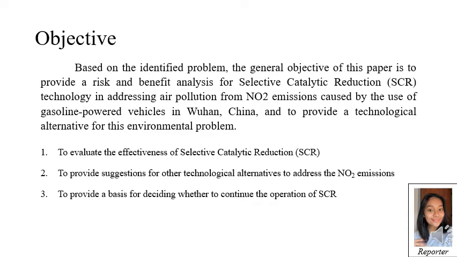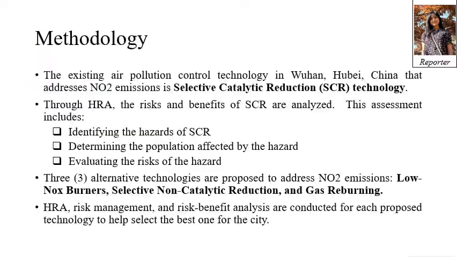For the methodology, this paper will follow the process of health risk assessment to analyze the risk and benefits of existing air pollution control technologies in the city of Wuhan. The existing technology is selective catalytic reduction or SCR technology.